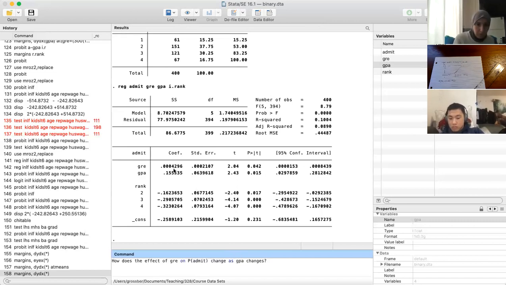So GRE has an effect on being admitted. And the question is, is the effect the same if your GPA is 2 as it would be if your GPA was 3 or 3.5 or 4? So there's essentially an interaction between GPA and GRE. And we can use the margins command to try to figure that out.